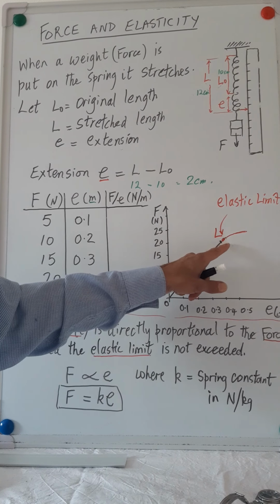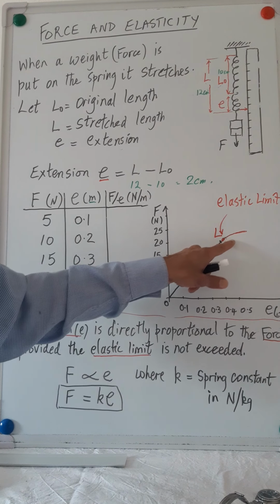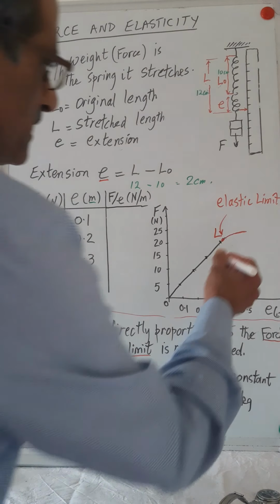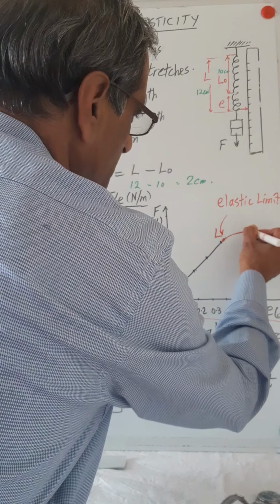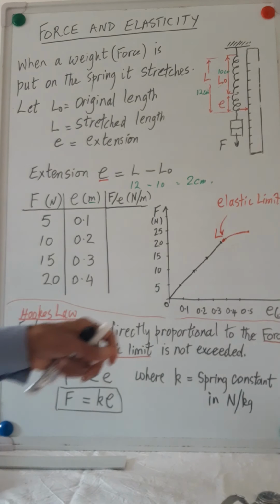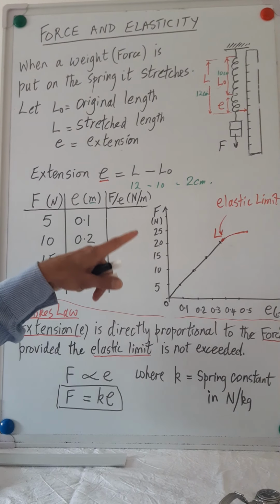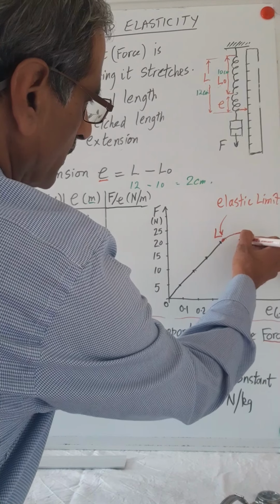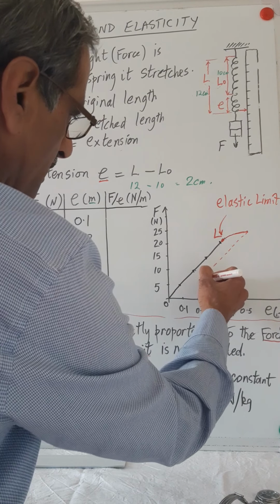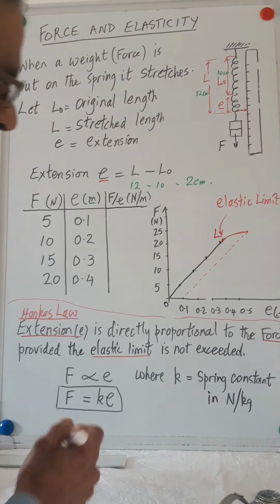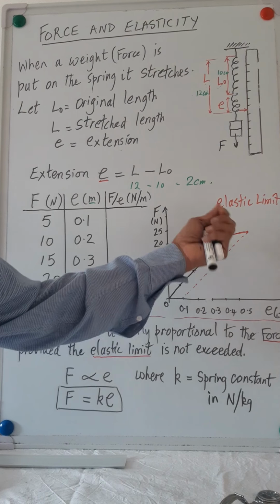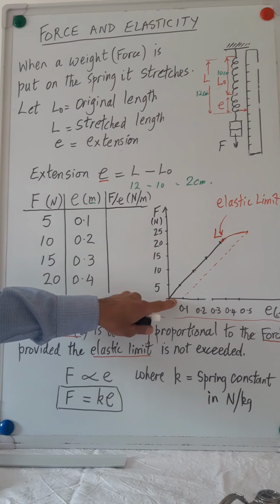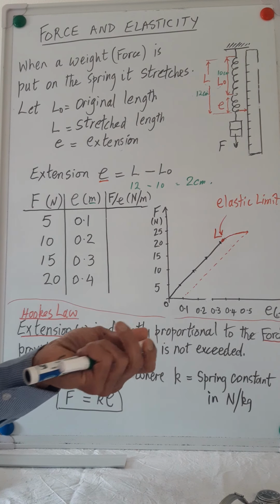However, after that, it's no longer proportional. If I unload it from this point, you'll find that it will not return back to its original length, and on the way back the graph will probably look something like this. When I'm unloading it, it will become permanently stretched by, say, 0.1 meter, which is 10 centimeters.